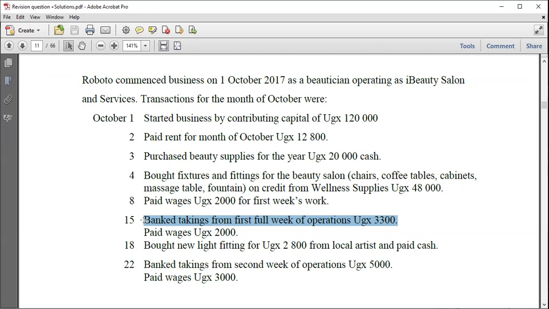We shall first go ahead to recognize our collections. By doing what? We shall debit our cash and credit our sales or our revenue. You get it? The reason why we first pass it through cash is because they are telling us that these were banked on 15th.